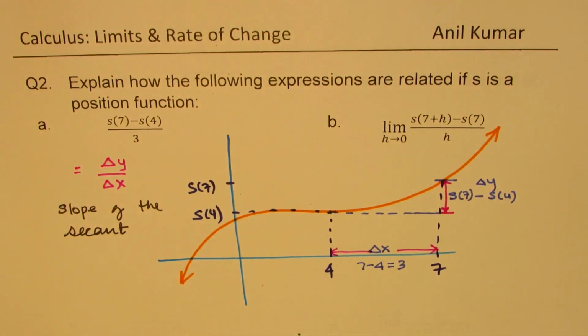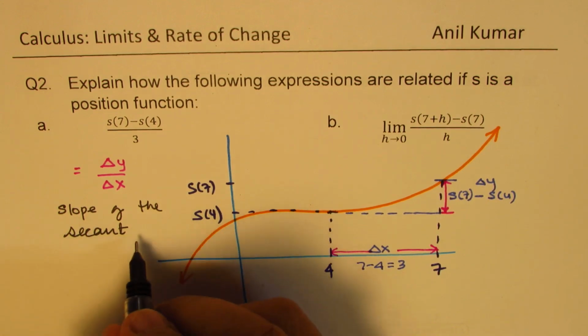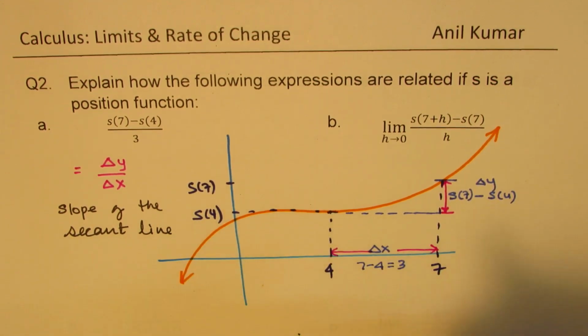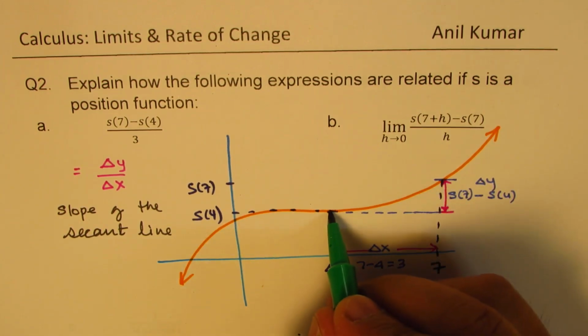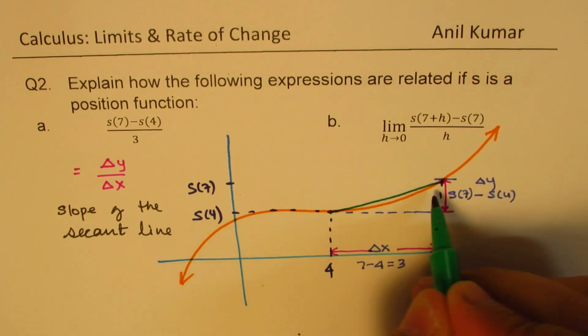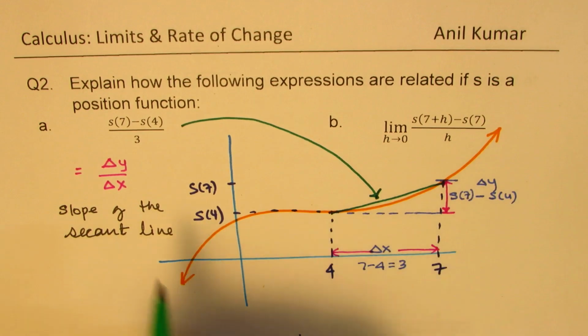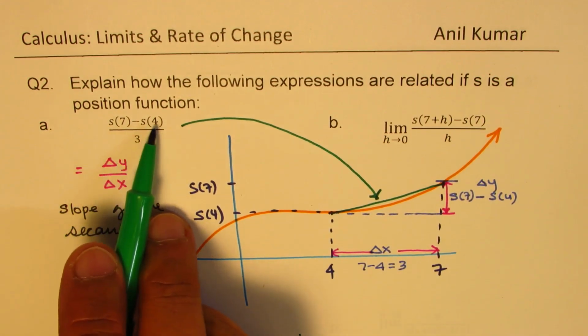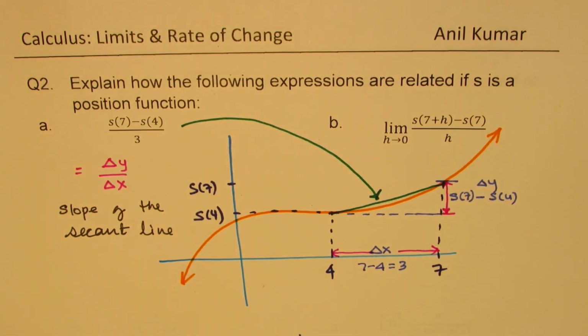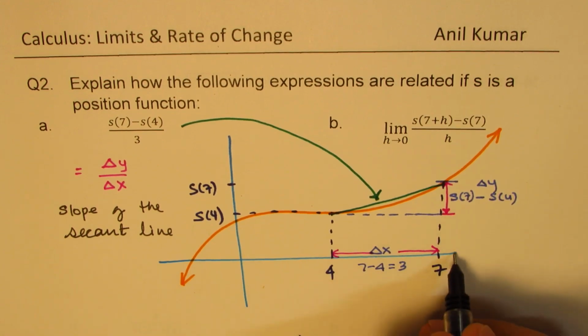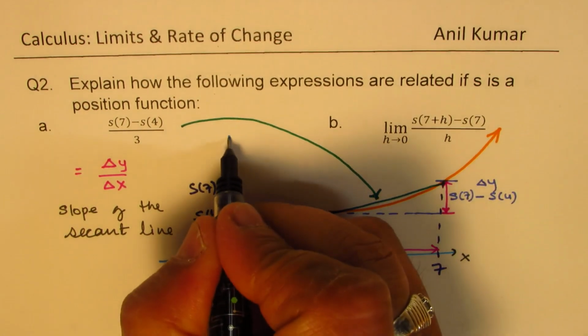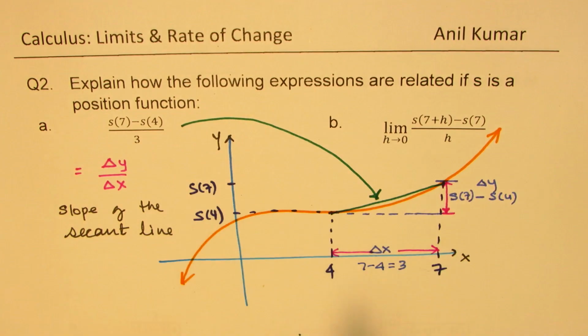So the slope of the secant line, which is, let me sketch one here now, joining these 2 points. So that's the right triangle kind of for us, right? So this slope is what is being represented by S of 7 minus S of 4 over 3. Is that clear to you? Correct? So the expression shown in A is slope of secant.